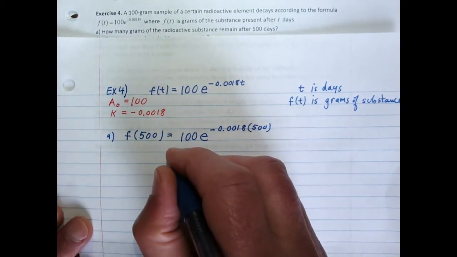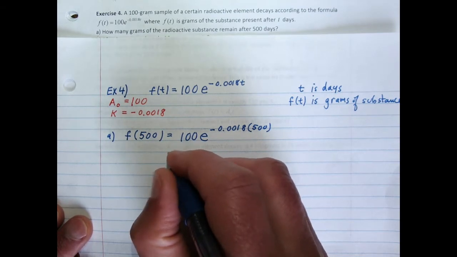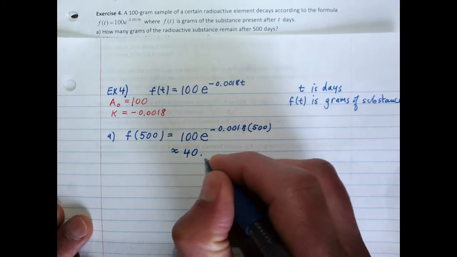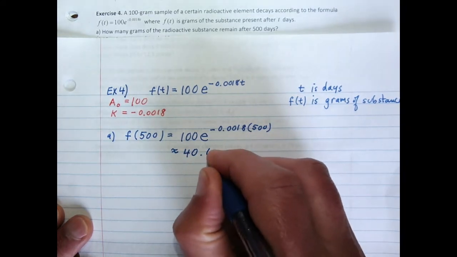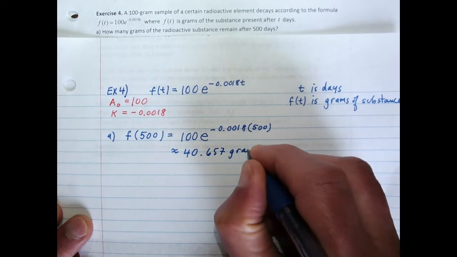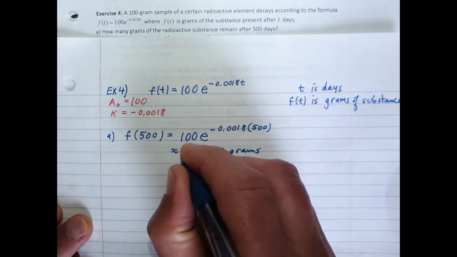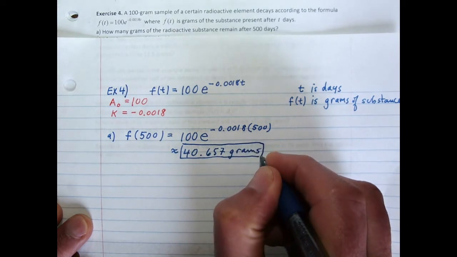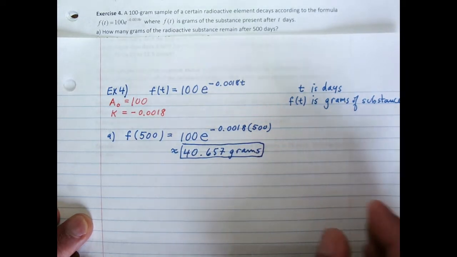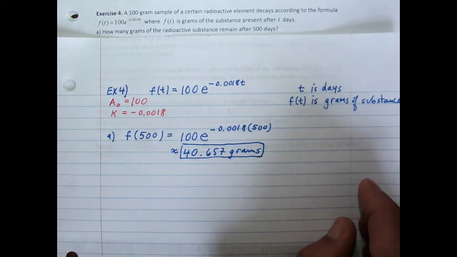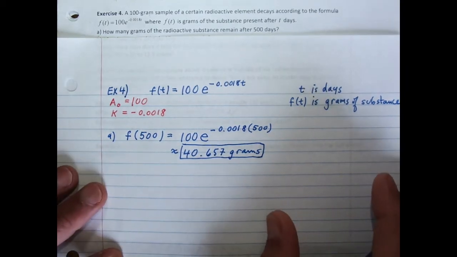Here for my function value, I did this ahead of time, I get about 40.657 grams. Again, if you just said 41 or 40.7 would have been fine. You don't have to round off at 3 places.